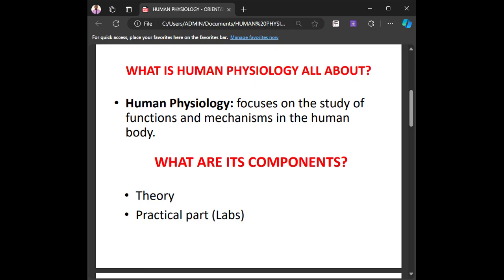Some of the key areas of this course include cellular physiology, which focuses on cells alone. Once you are done with cellular physiology, you proceed to what we can categorize as systemic study, where you begin to study the systems in the human body in detail.